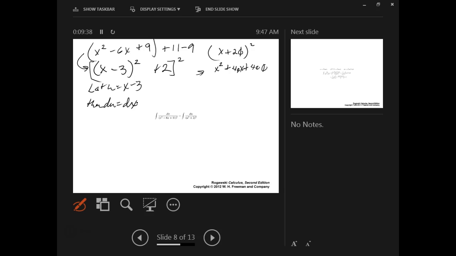So our integral was the integral of dx over this thing squared. We said let u equal x minus 3. So now we have, the first half of this is u squared plus 2 squared, du. You see that's equivalent, right?